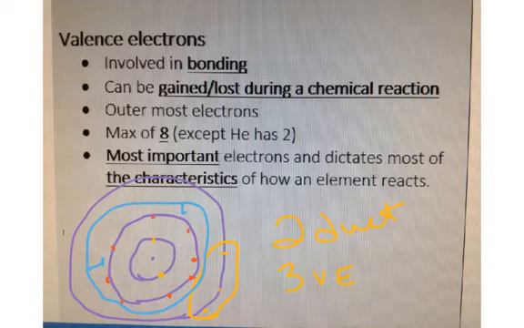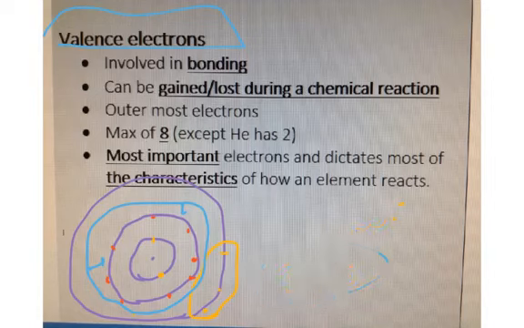So basically, we don't care about them as chemists because they aren't involved in any of the chemical reactions. As chemists, basically all we care about are the valence electrons. You need to know that the only ones we really care about are valence electrons, because they dictate everything.